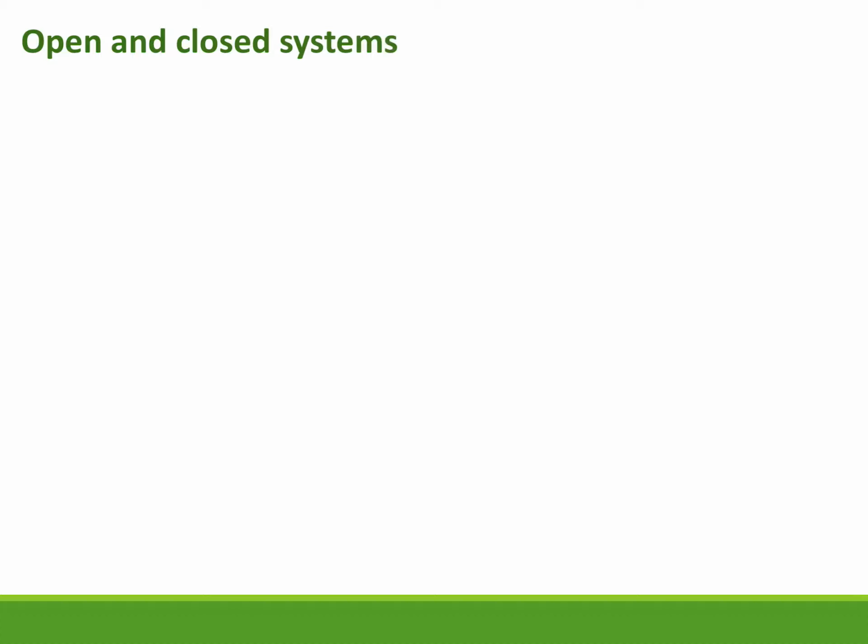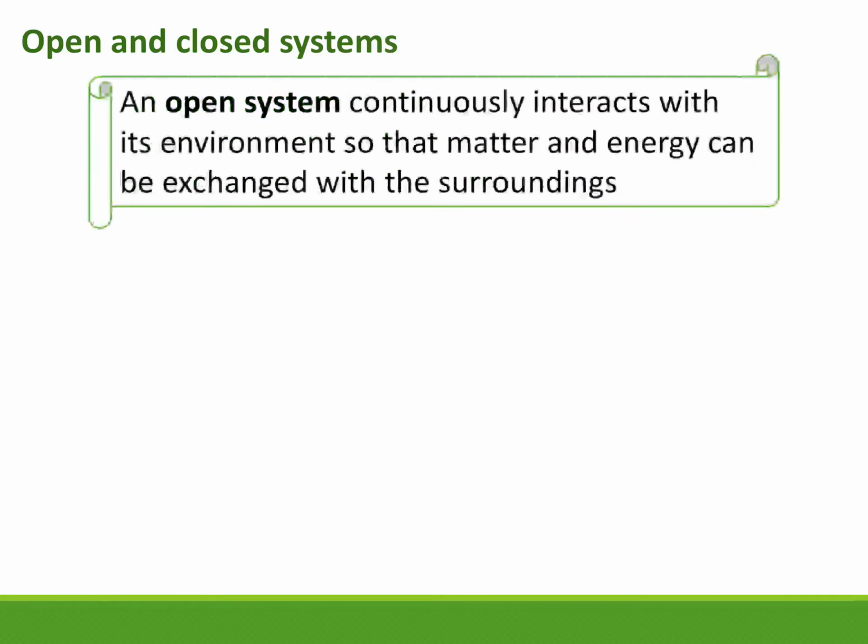Now, we need to talk about what an open and a closed system is. An open system continuously interacts with its environment, so that matter and energy can be exchanged. This is where we can lose a gas from the system. It could get hot, it could get cold, it doesn't matter.